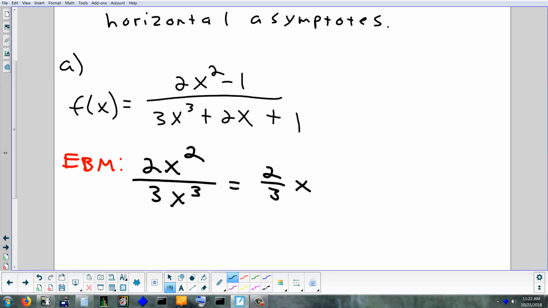X to the, what's going to be my exponent on x if I subtract my exponents? Yep, -1. Now, what does that mean when you have an exponent that's negative? It tells you where the variable should be.